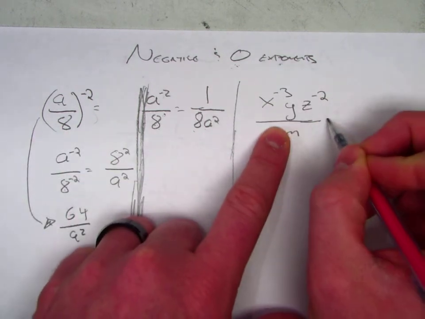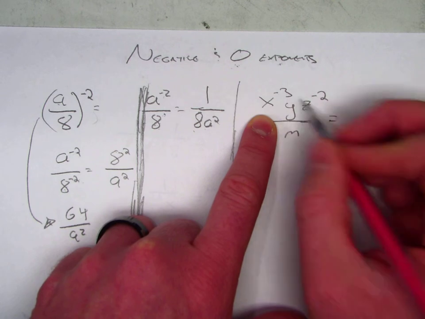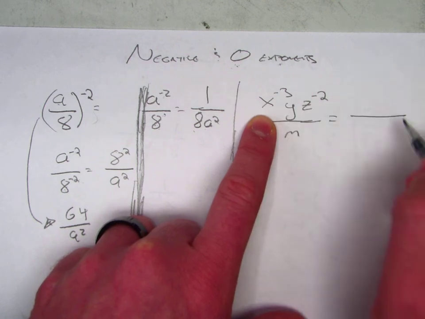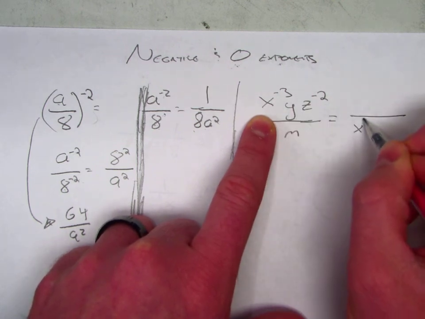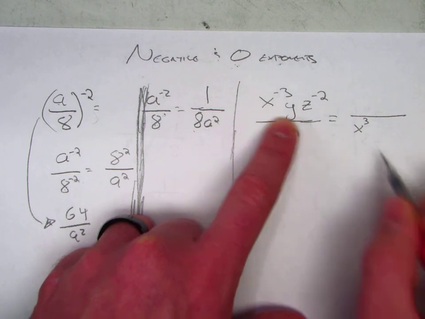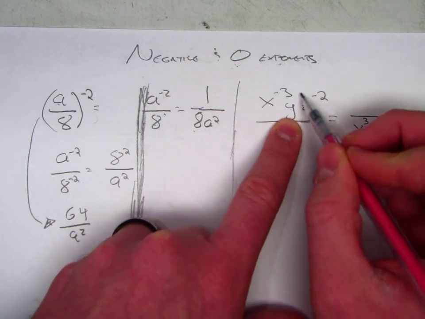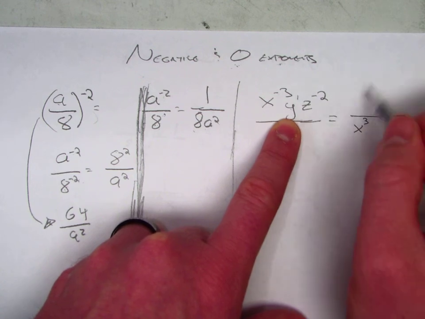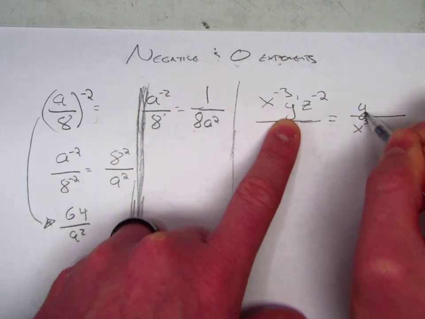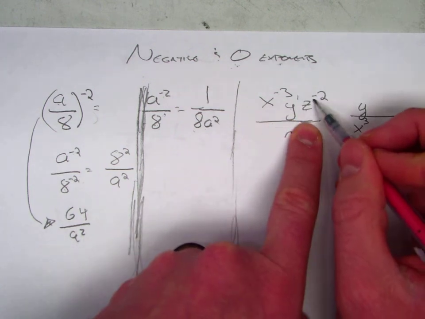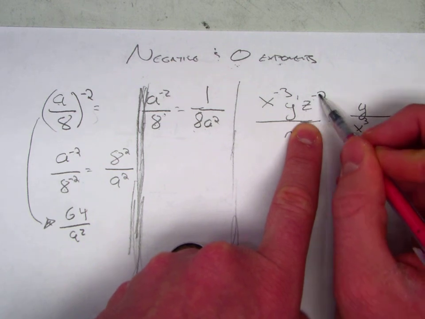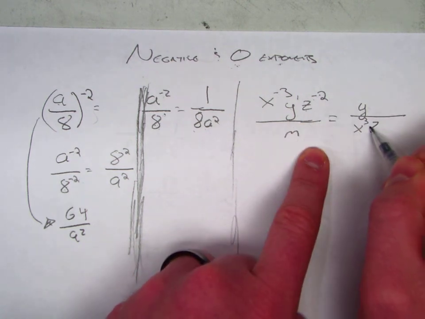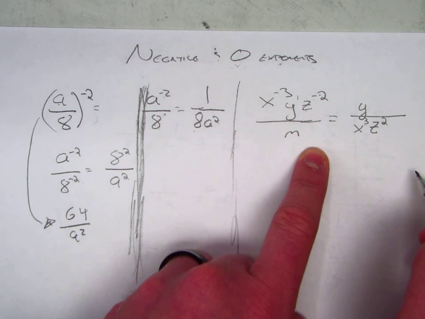So if we come here, I see the x to the negative 3rd, that's a negative exponent. So it's not going to stay in the numerator, it's going to come to the denominator. The y doesn't have an exponent, or if it doesn't mention it, its exponent is 1. And so it's going to stay in my numerator. Z to the negative 2, well, that's got a negative exponent, so it's going to come to my denominator.